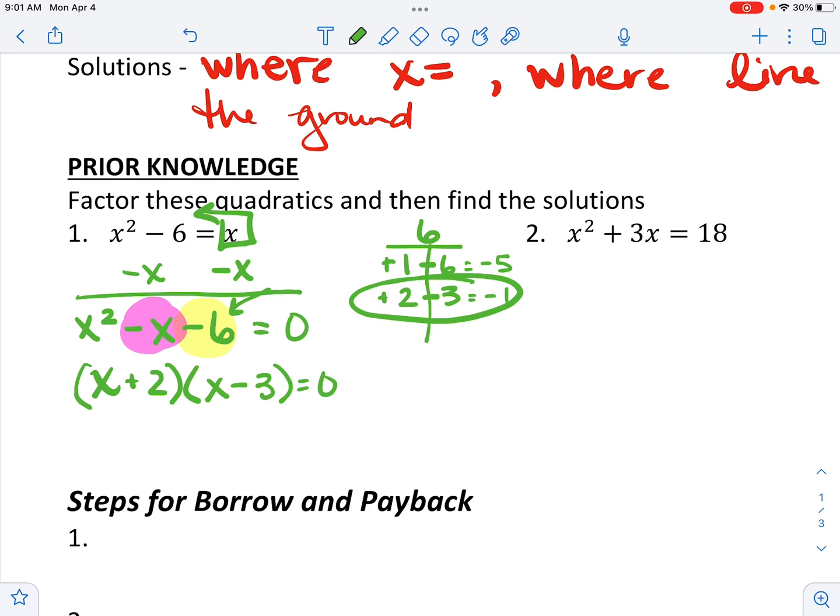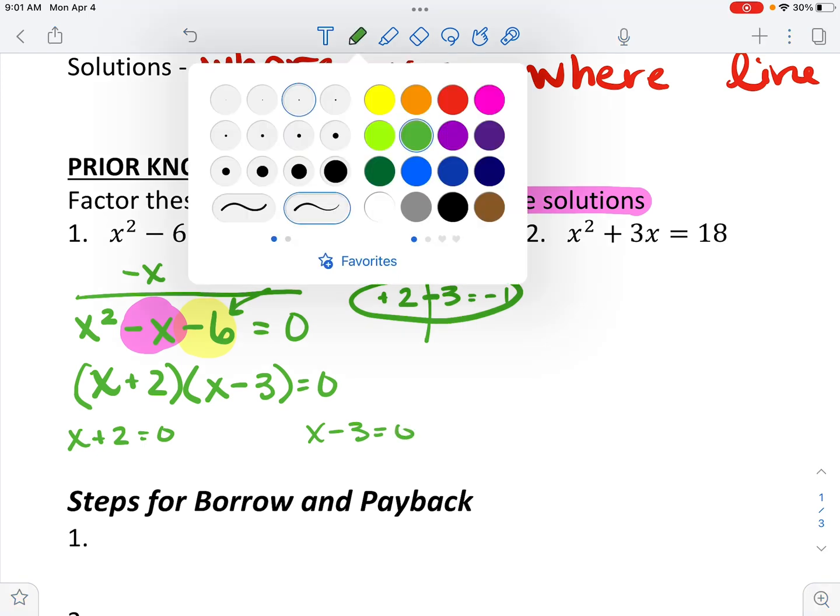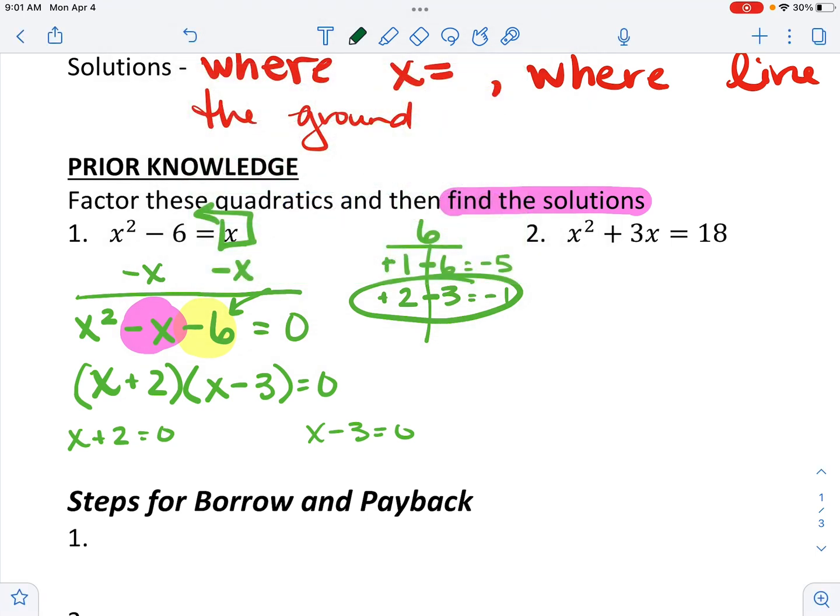Then to find the solutions, we are going to break them up and find the solutions separately. So we have x plus 2 equals 0, and we have x minus 3 is equal to 0. And we're going to solve these by doing the opposite operation. So what's the opposite of plus 2?